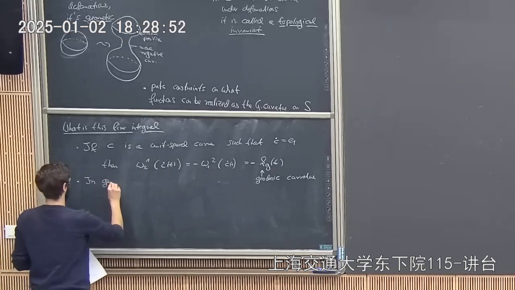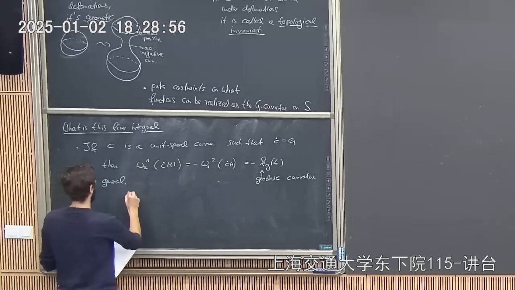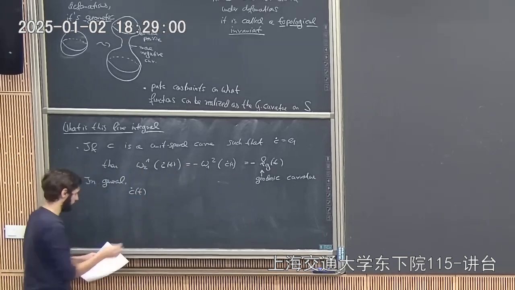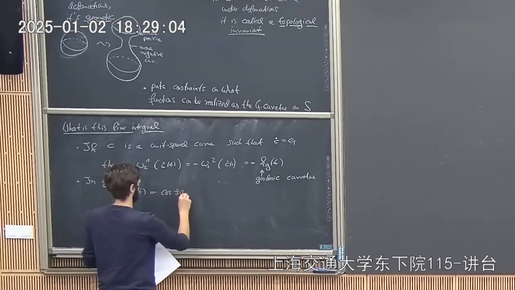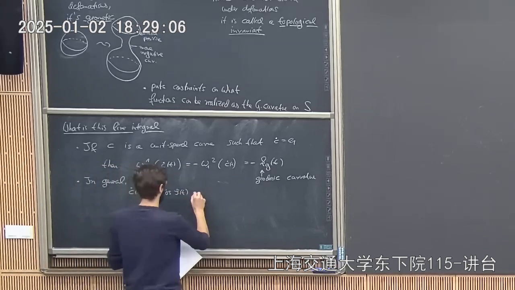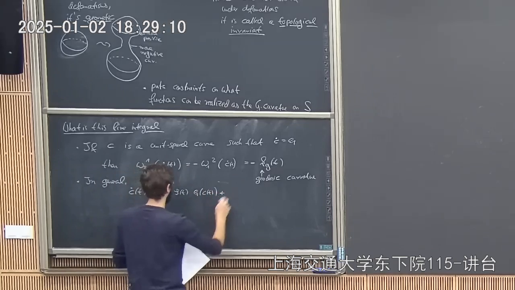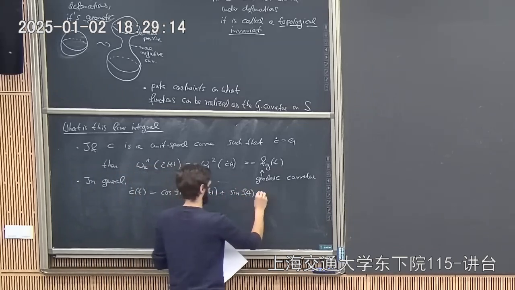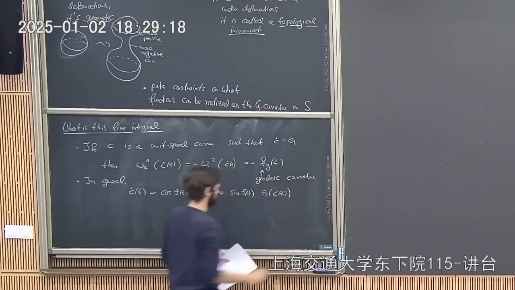So what happens if you don't have that assumption? In general, c dot is actually not just E1, but rotated by some angle: cosine phi of t E1 at c of t plus sine phi of t E2 at c of t.